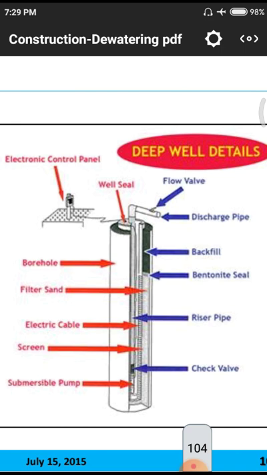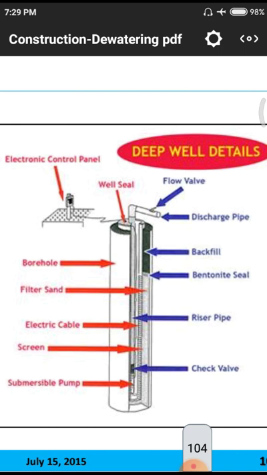Next, a borehole, filtered sand and a bentonite seal. Next, electrical cable, riser pipe, screens, submersible pump at the bottom, and a check valve. All those are the different components of a deep well.